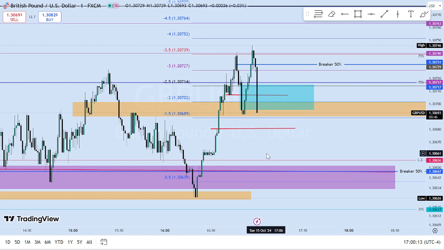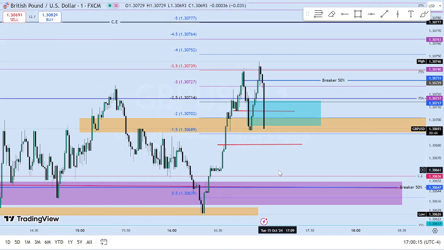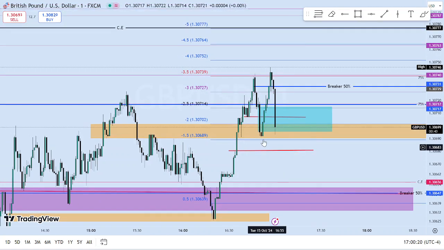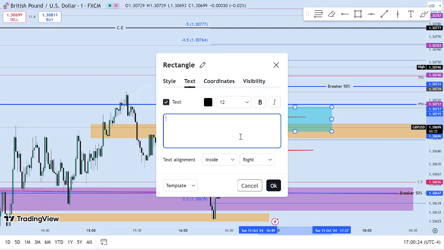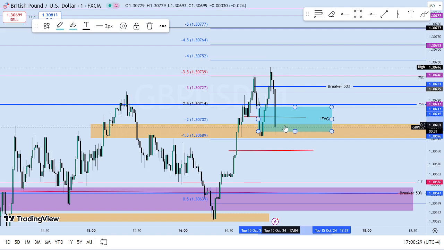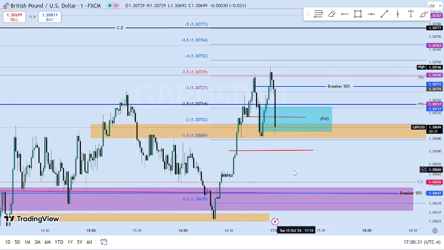Price about closing time. So yeah, deliver inside this inversion. We don't want to see it trade below. We want this inversion to stand as a support level.